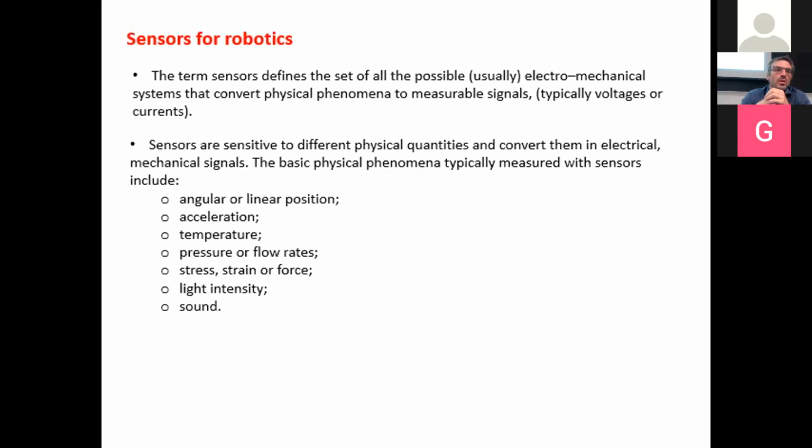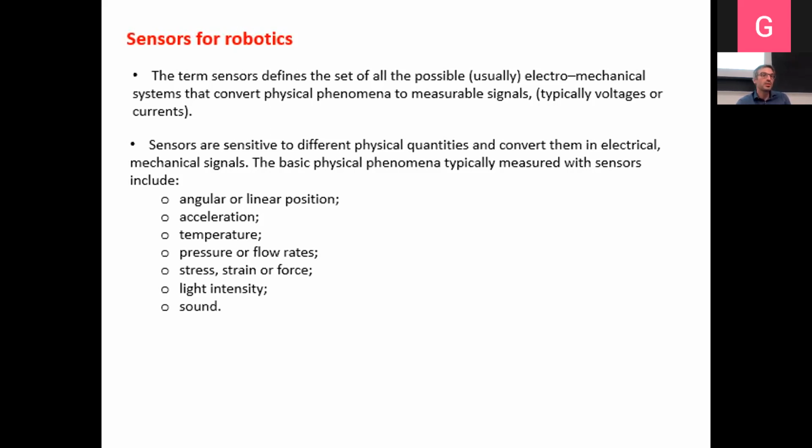The sensor we want to use should be sensitive to the physical quantity that we want to measure. The basic phenomena that we can use for sensors are, for example, the angular or linear position, the acceleration, the temperature, the pressure. In the case of hydraulics, you can have the flow rate, which is the amount of oil or hydraulic fluid that is passing per second.